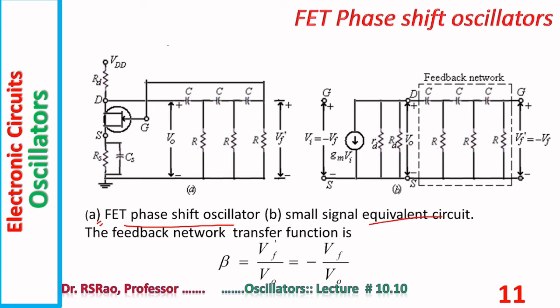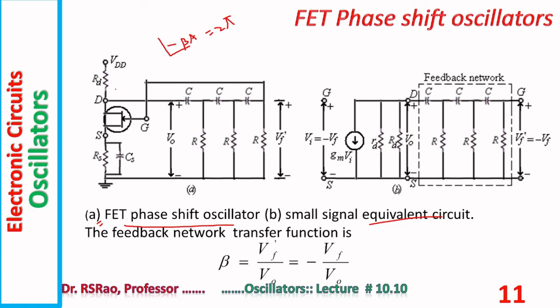What is that? In practice, we implement angle minus beta A is equal to 2 pi. Just that. One pi, 180 degrees shift, is provided by feedback network. Another pi, 180 degrees, is provided by the active element.